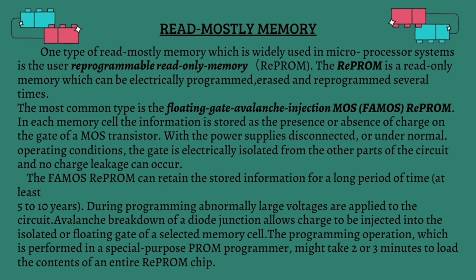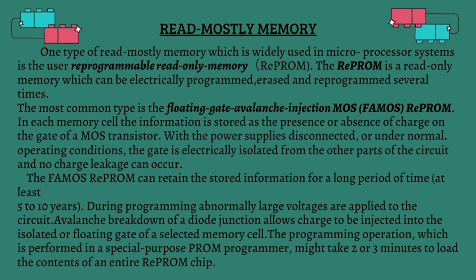In each memory cell, the information is stored as the presence or absence of charge on the gate of a MOS transistor. With the power supplies disconnected or under normal operating conditions, the gate is electrically isolated from the other parts of the circuit and no charge leakage can occur.